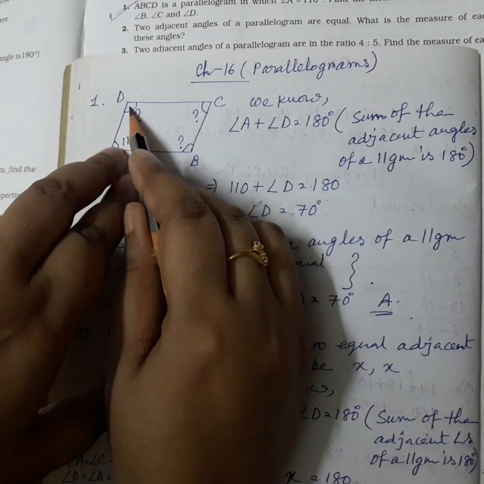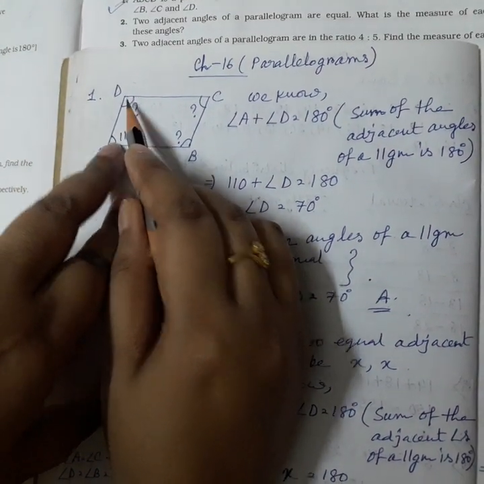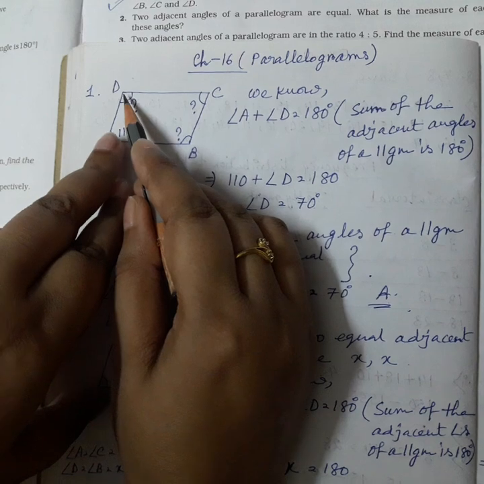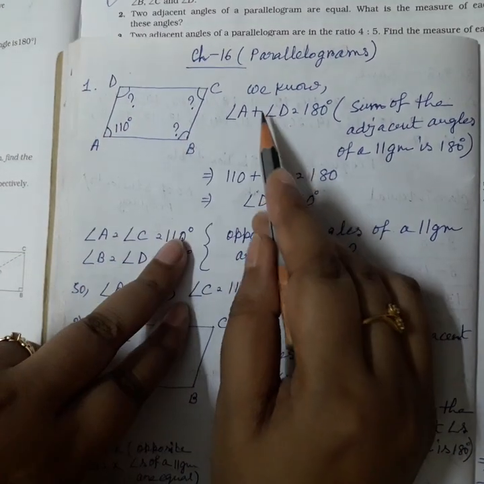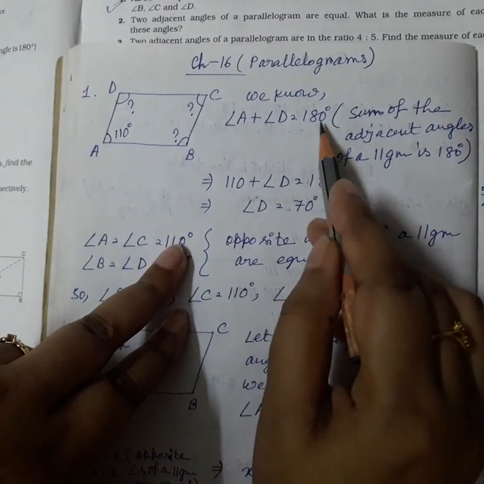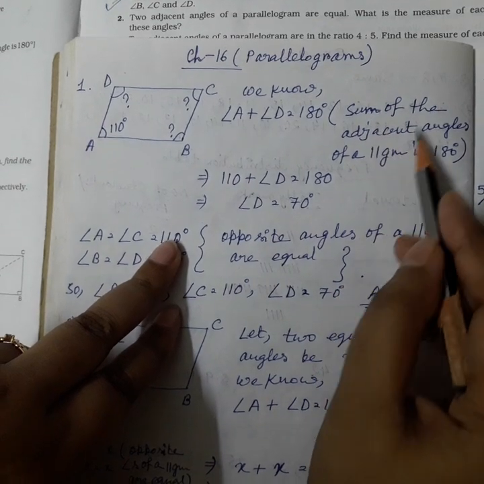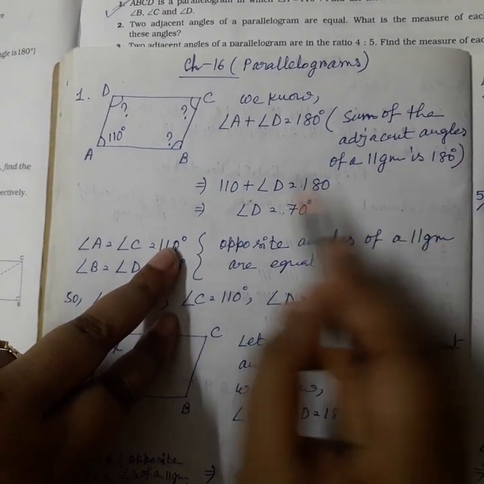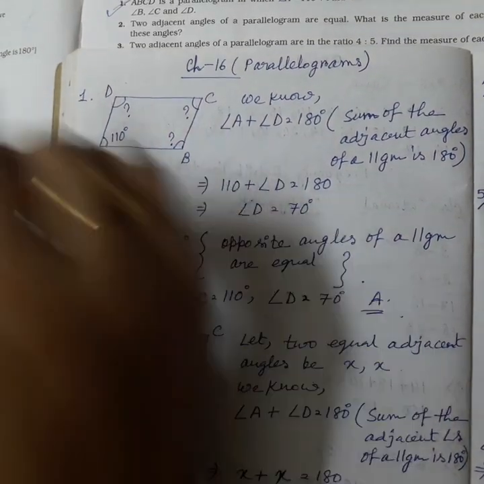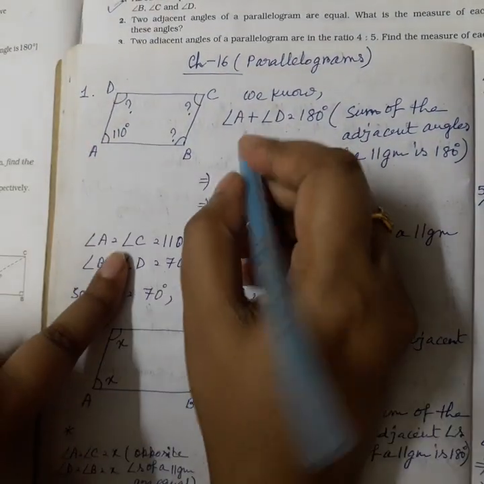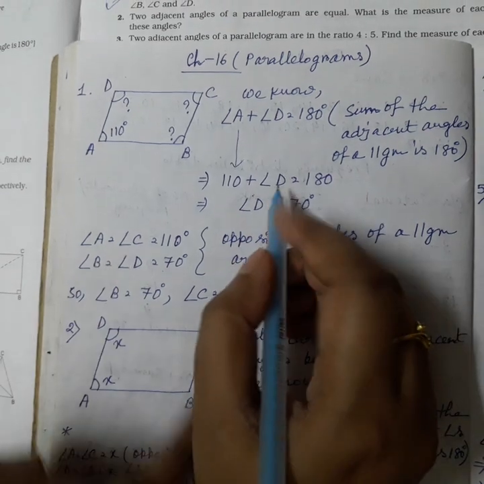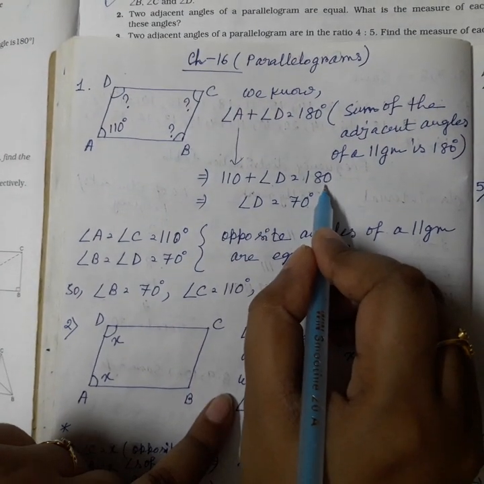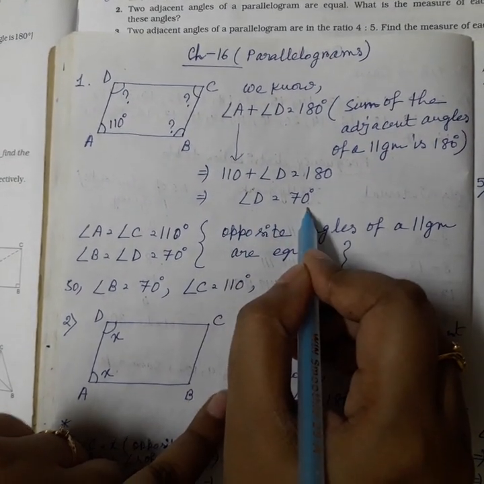In this question I have taken these two angles. So angle A plus angle D equals 180 degrees because the sum of the adjacent angles of a parallelogram is 180 degrees. In place of A I put 110 degrees because it is given, and angle D equals 180 degrees. So angle D is coming 70 degrees.